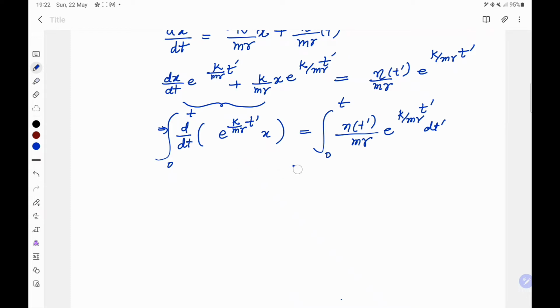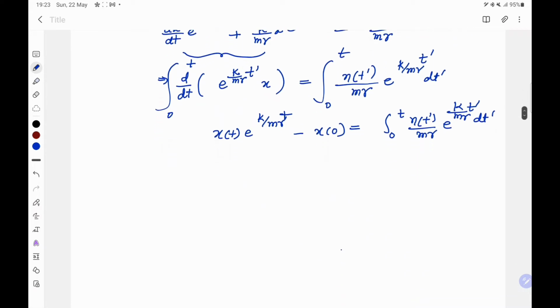So x t e to the power kappa over m gamma t minus x0 is equal to this integration of eta t prime over m gamma e to the power kappa over m gamma t prime dt prime.